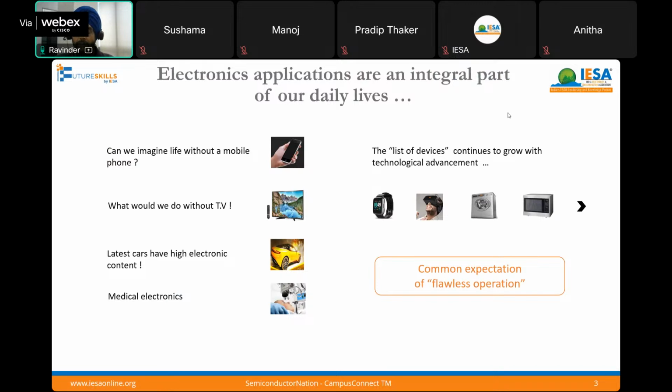The list of these devices goes on increasing day by day as we make more technological advancement, with more applications in entertainment and convenience sectors. There is one common basic expectation from all of us as consumers and users of these electronic devices, that we expect all of them to work flawlessly without any issues.